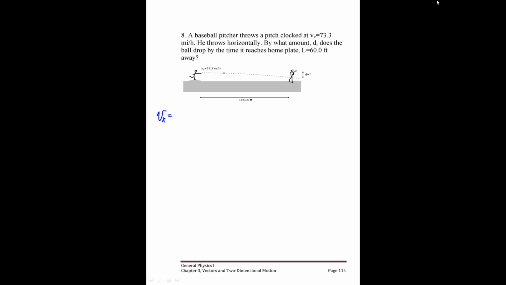Vx, 73.3 miles per hour. I will give you the conversion factors always. 1 meter is 3.28 feet. 1 mile is 1609 meters. All right.